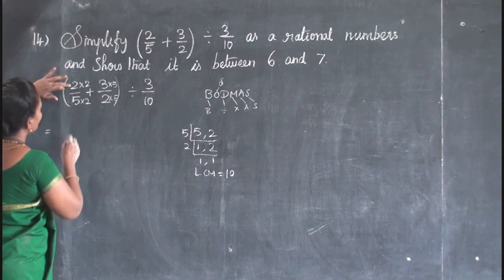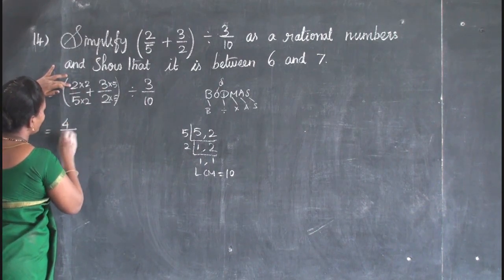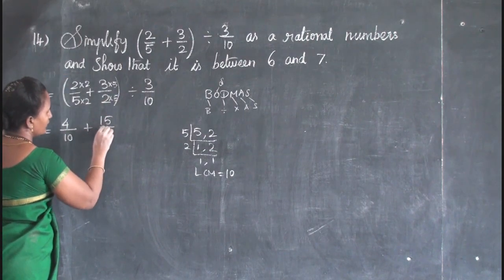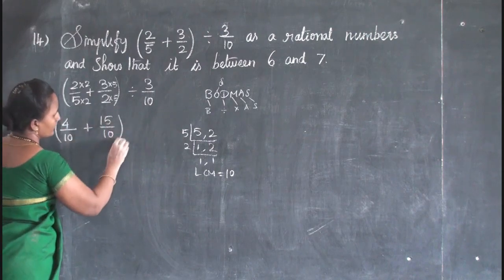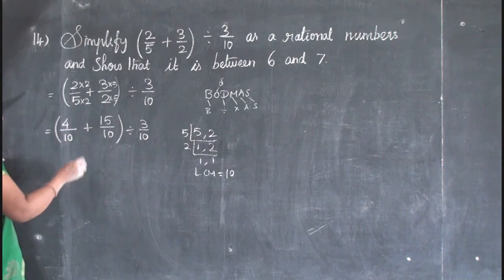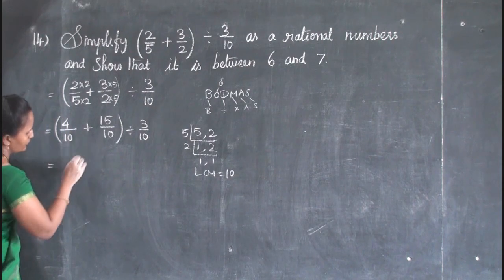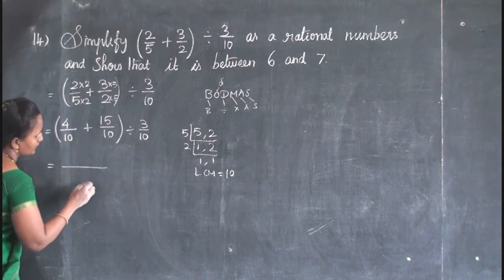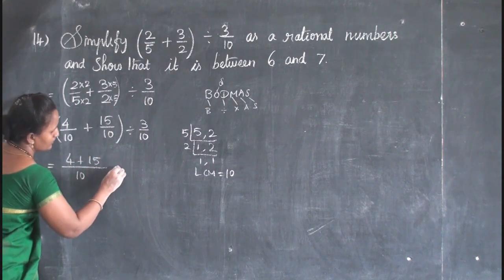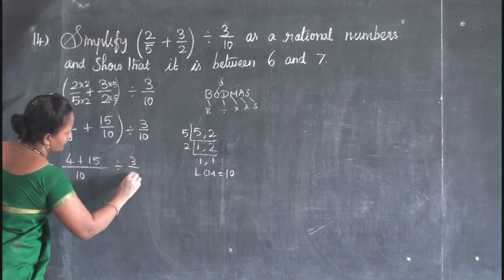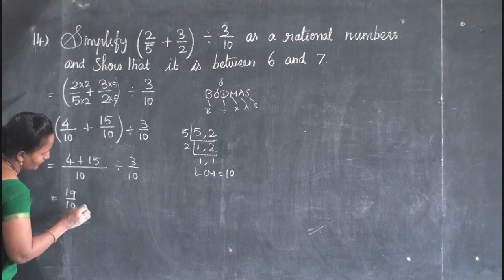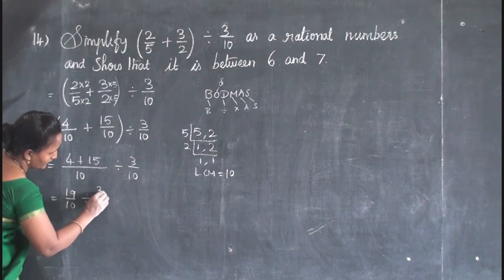So first 2 into 2, 4 by 10, plus 3 5s are 15 by 10. 3 by 10 is here. Now solve it. Denominators are equal, so put in common, add the numbers. Answer 19 by 10 divided by 3 by 10.